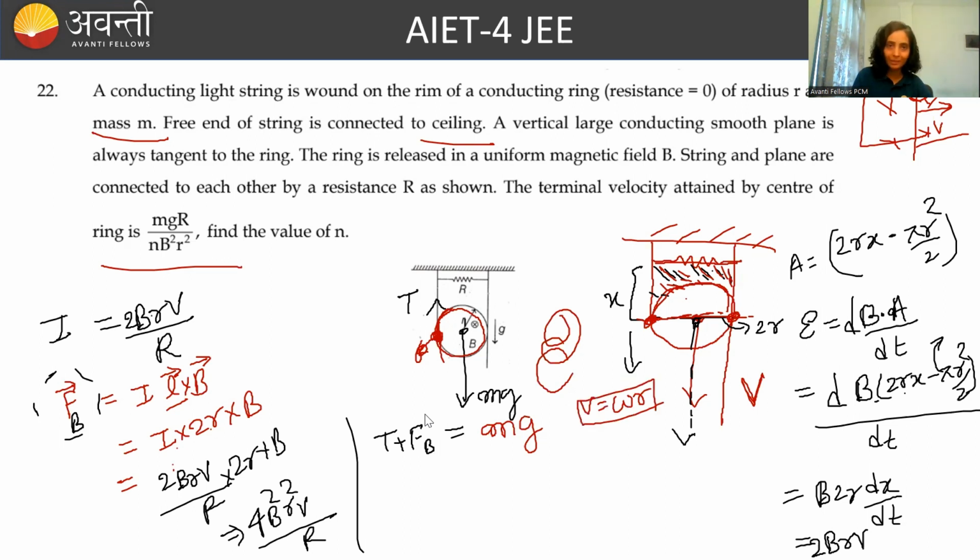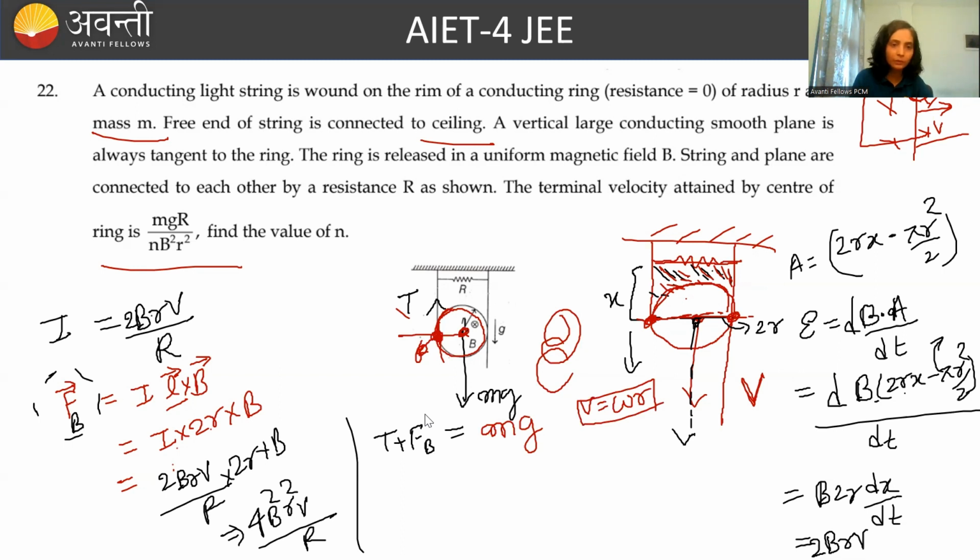But here V is not changing. It is falling down with terminal velocity, so alpha is 0. It means no net torque is acting on it. Torque of mg will be 0 around the center. Torque of tension force will be 0.